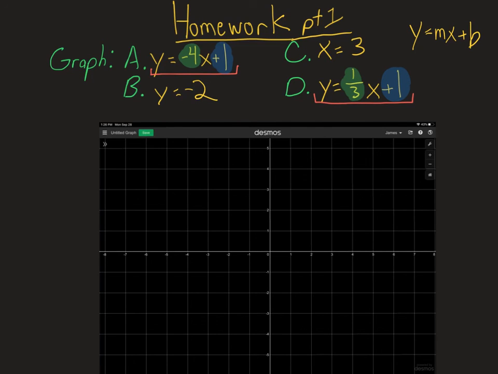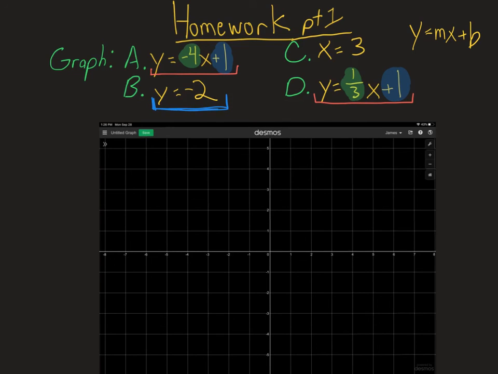Lines B and C are your two special cases. Notice, it's missing x. There's no x in there. It's just y equals a number. So that's a special case. It's not in the y equals mx plus b format. And why on earth did I use the same color? Here we go.